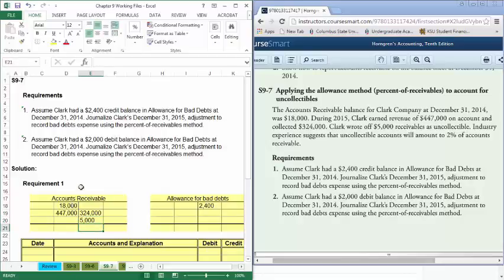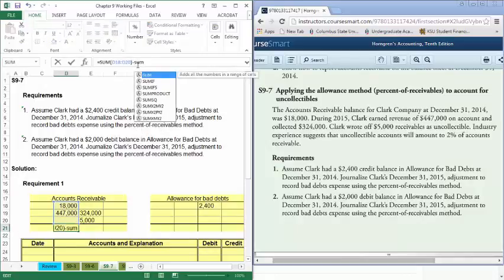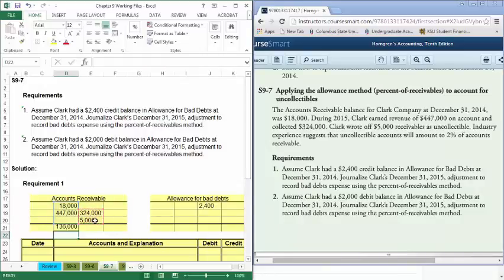So that's a reduction. And let's see, what does that give us? We've got a total here of $465,000, and we want to subtract out the $324,000 and the 5,000. That means we have a balance at December 31st of $136,000.